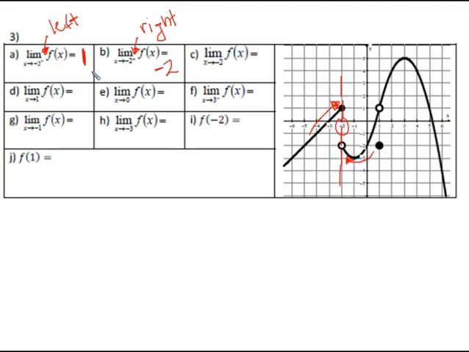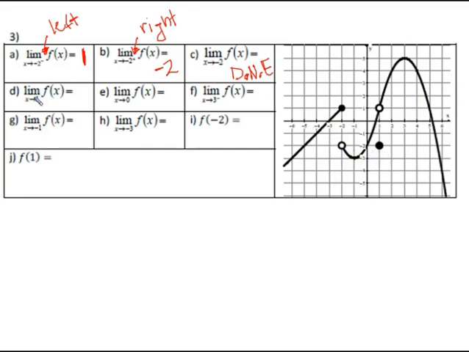So the overall limit, since both of our answers are different, would be does not exist. And we can actually see that on the graph because the limit is not reaching the same point. As we reach -2 over here, we have a placement up top. As we reach -2 over here, we have a placement down below. They're not reaching the same point. So the limit does not exist.